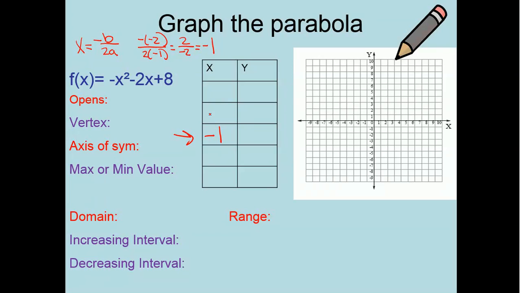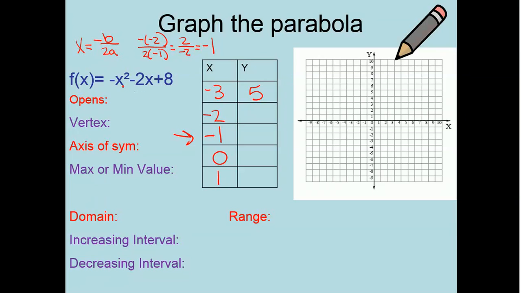So let's put some numbers around negative 1 so we get a nice full graph. So I'm going to go negative 2, negative 3, 0, and 1. So let's plug in our negative 3. Negative 3 squared, that'll be 9. A negative, so negative 9 plus 6, negative 3, plus 8, 5.